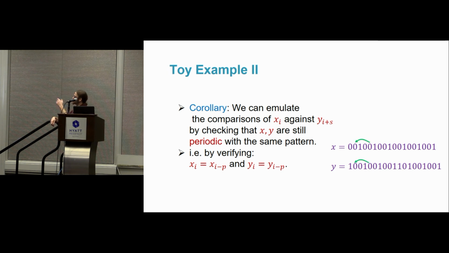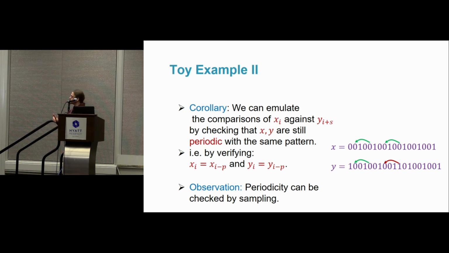So in the picture, I will check that x_i matches what it has to be 3 bits ahead, and if I see a period violation, then I know that all the possible shifts will have a mismatch. But now, if that is all we do, we can check it by sampling. Instead of verifying that x and y are perfectly periodic, I will just check it by sampling. So also in this case, which seems to be the hard case, we are in good shape because we can still do things by sampling.